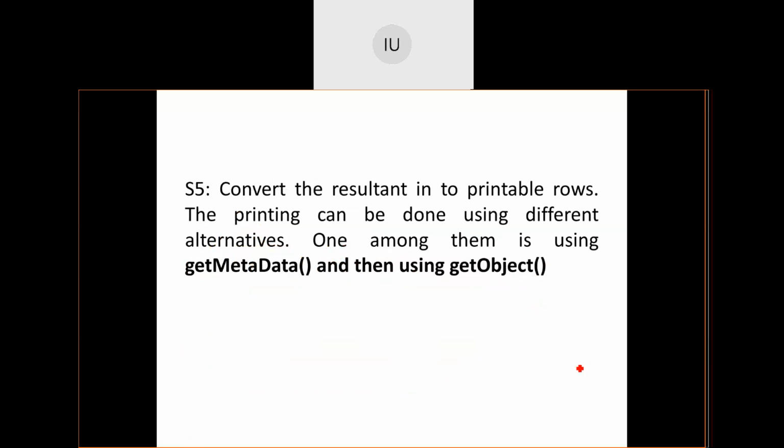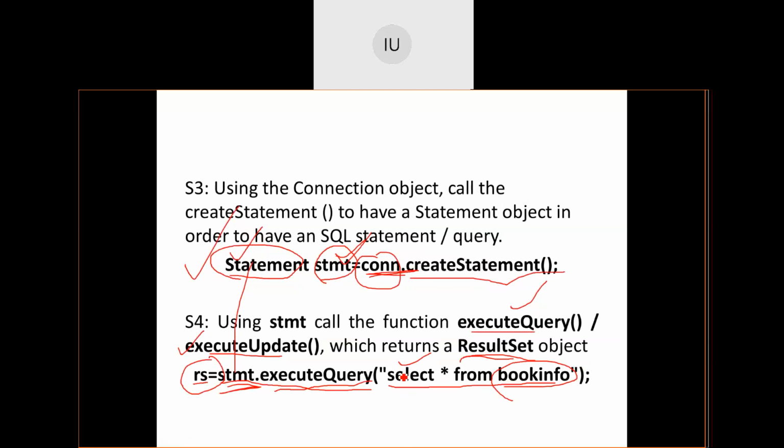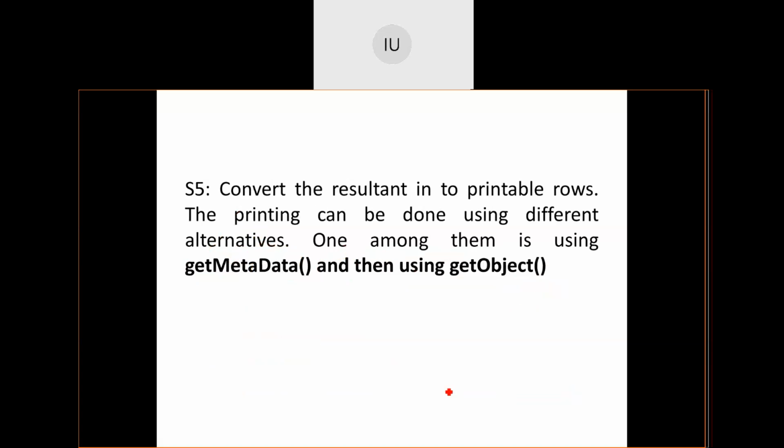I have to print that, because what is the task of select star from? It has to print all the data in table format. So how do I print it? Convert the result into printable rows. For doing this, there are multiple alternatives. One among them that I have taken for now is getMetaData.